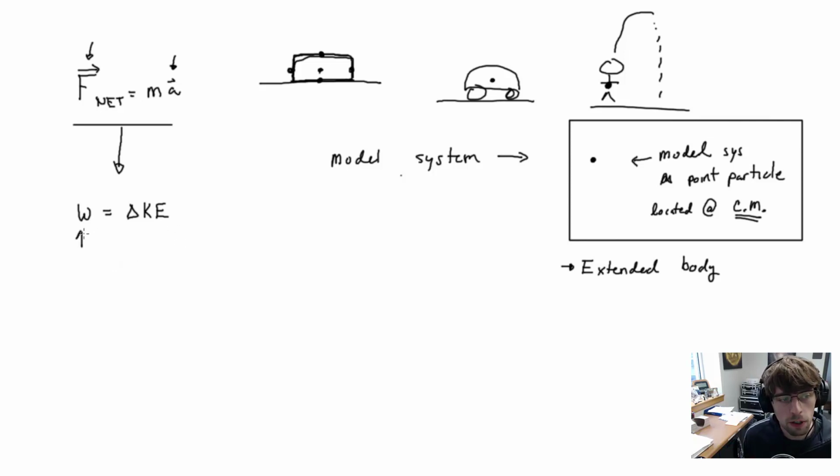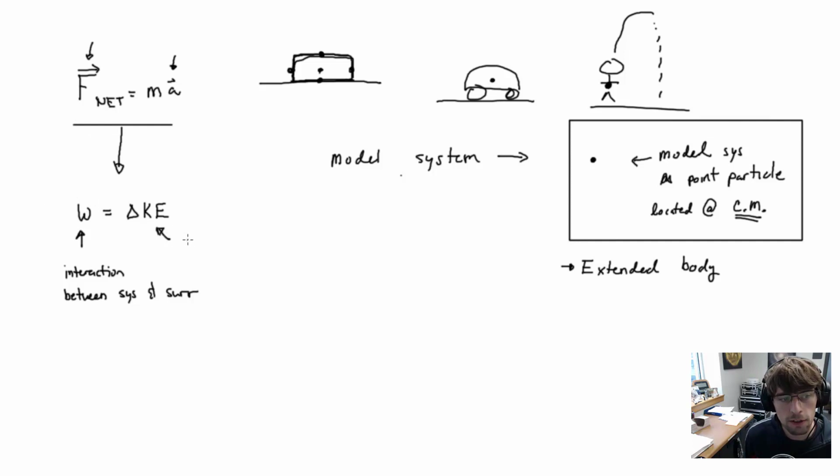Recall that the work is, again, just the interaction between the system and surroundings. Going back and looking at our derivation, this work has a force in there, so this is describing the interactions.